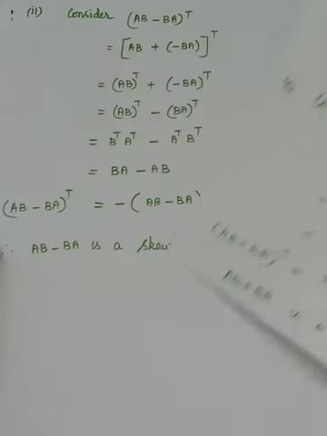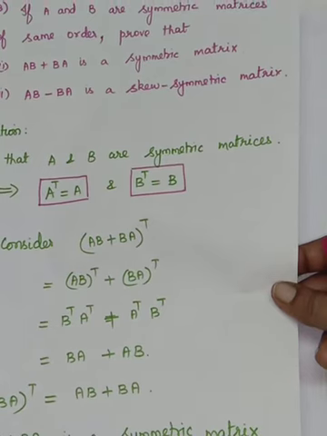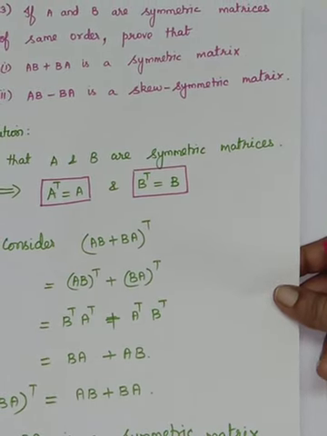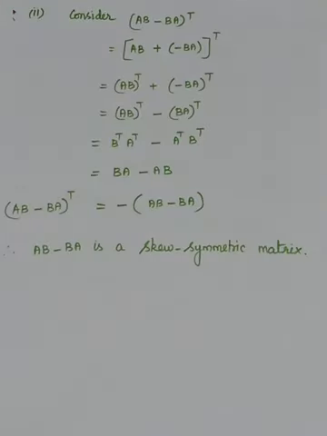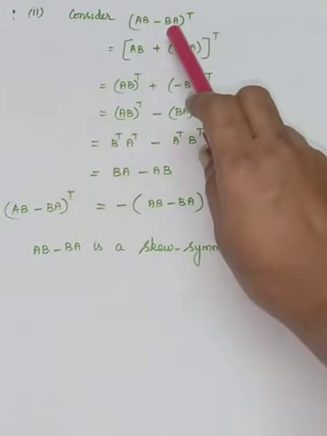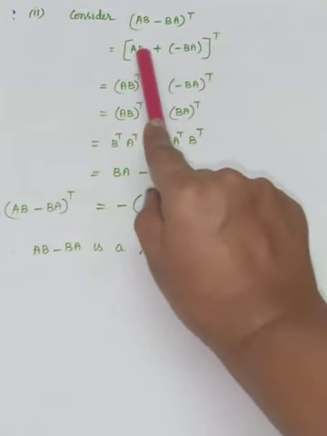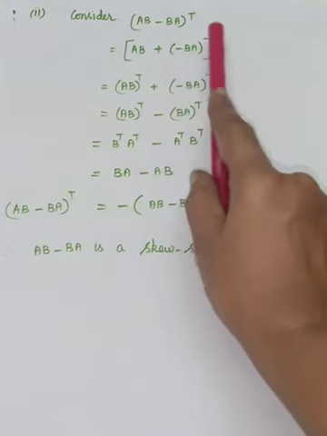Next we are moving to prove AB minus BA is a skew symmetric matrix. If you want to prove any matrix is skew symmetric, its transpose must be the negative of that matrix. So I'll consider AB minus BA the whole transpose. This minus can be written as plus of minus of BA.